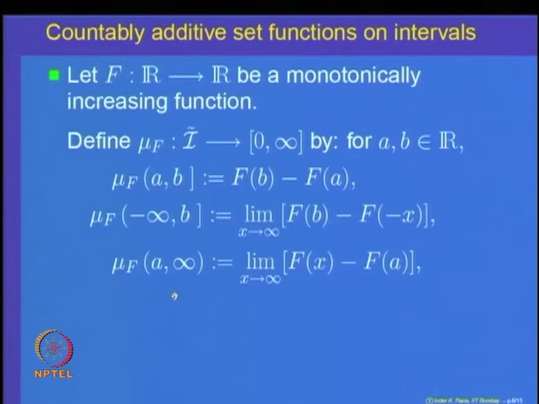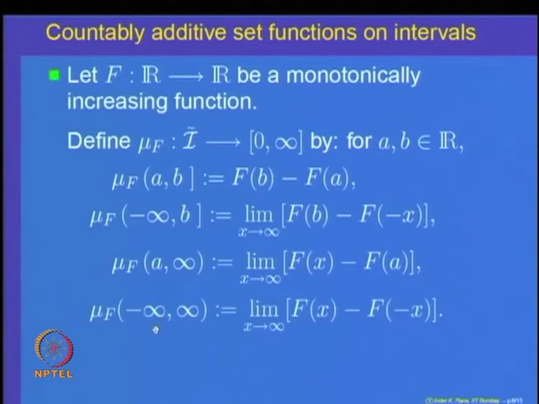And if it is the whole real line, then we define mu f of the whole real line to be the limit as x goes to infinity of f of x minus f of minus x. So, look at the interval minus x to x and let both sides go to infinity. This is the way we define mu f.